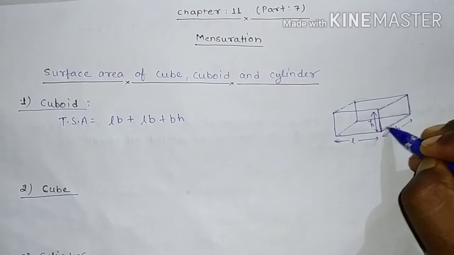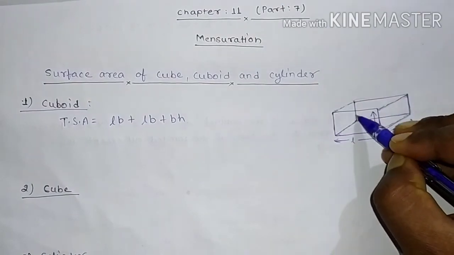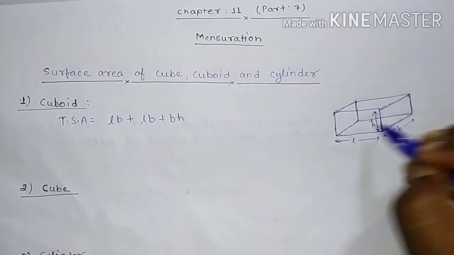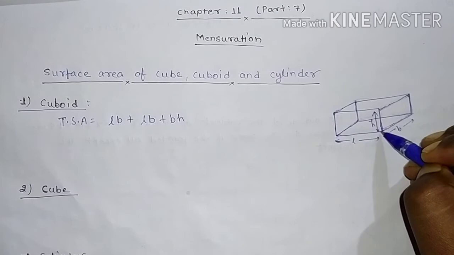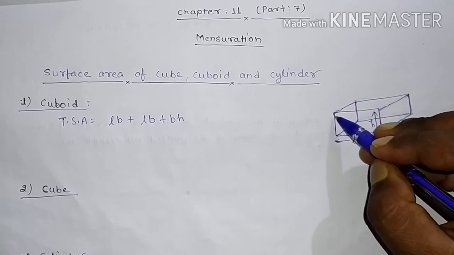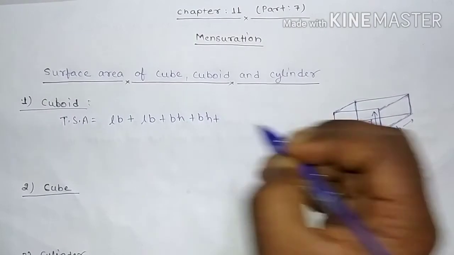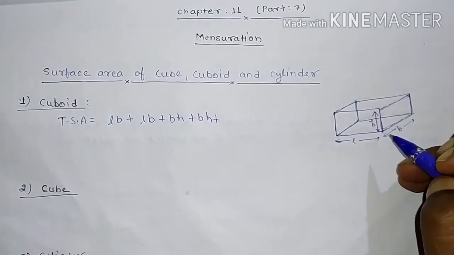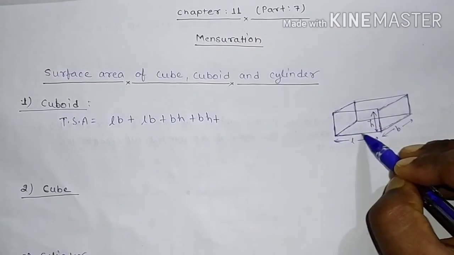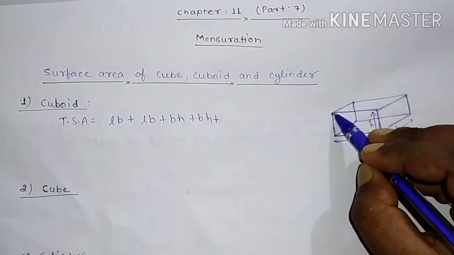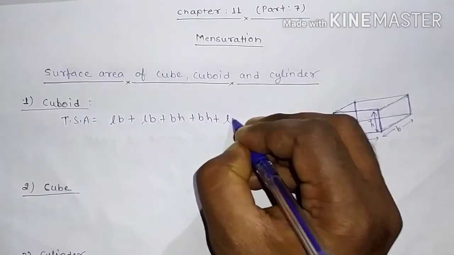Opposite to this surface, the breadth is also B and the height is also H, so it is also BH. Now this surface of the cuboid is L into H, so this is LH.